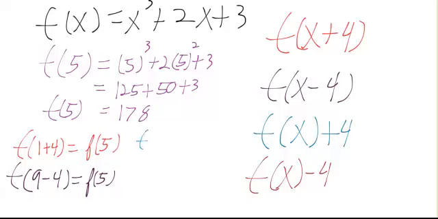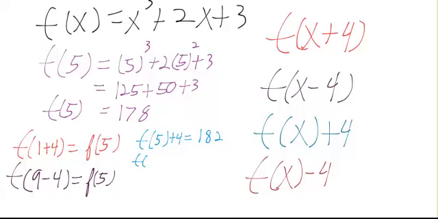We'll look at f of 5 plus 4, and all we're doing there is moving it up by 4. So instead of 178, it would equal 182.